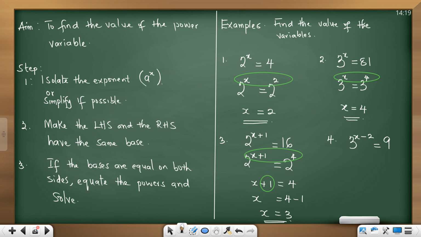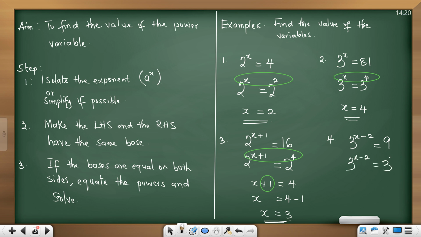We look at example number 4. Okay, I'm sure you tried. 3 to the power x minus 2.